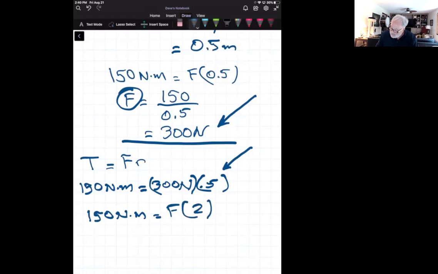Would the force to stop this rotation increase or decrease? Thinking it through, it's easier to stop a large rotating wheel than a small rotating wheel. And so the same thing applies here. If I solve for force, I get 150 divided by 2. So instead of having to apply 300 newtons to a radius of 0.5 meter, I would only have to apply 75 newtons to stop this 2 meter wheel from rotating.